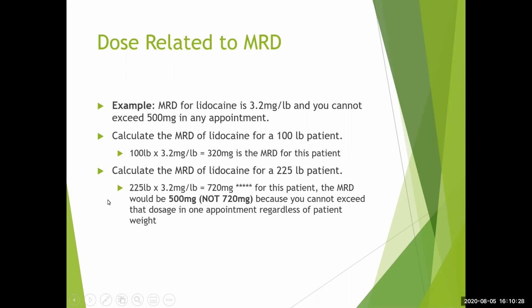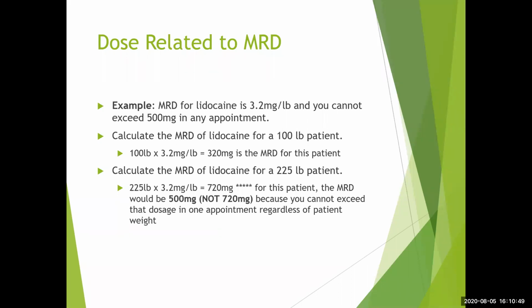Okay, say you have a much bigger patient. This is a 225-pound patient who weighs more than twice as much as your previous patient. So with this patient, you would take 225 pounds times 3.2 milligrams per pound, and this would give you an MRD of 720 milligrams.